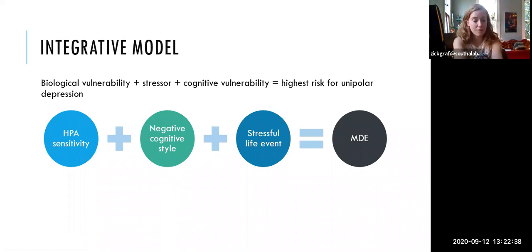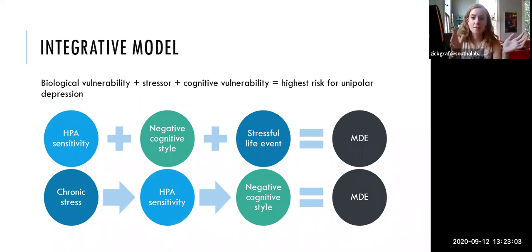So interpreting that failure, that negative life event, as internal, stable, and global, and allowing it to feed into and confirm your schemas about defectiveness. That combination of three risk factors is what leads to a major depressive episode. Any one of those risk factors alone probably wouldn't be enough to lead to depression.